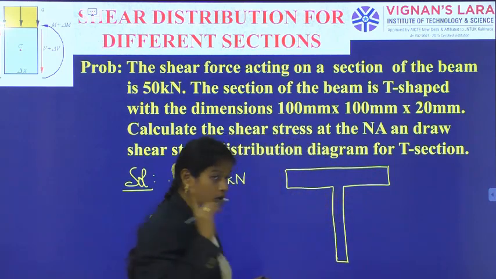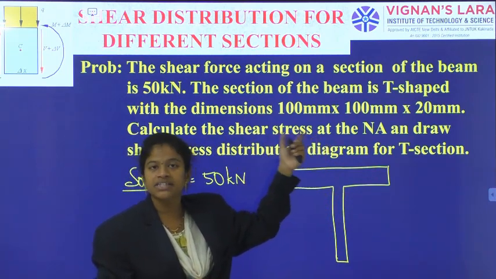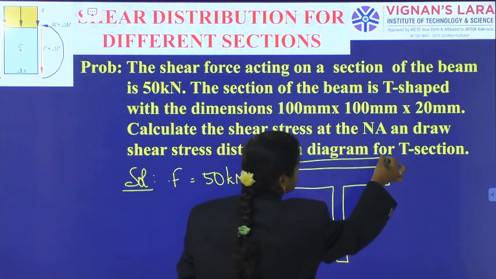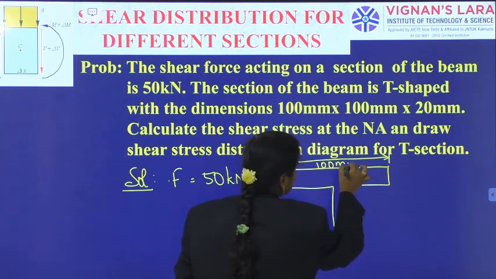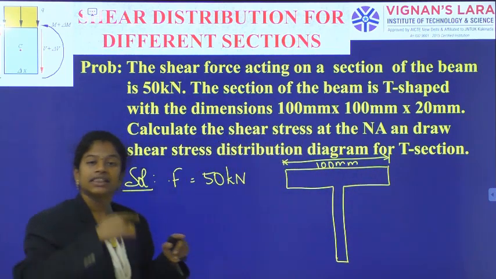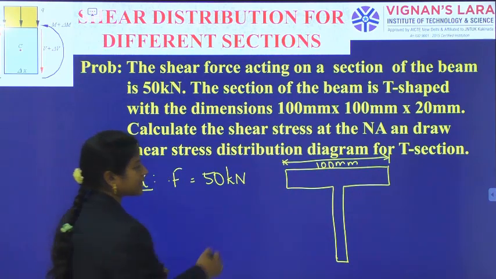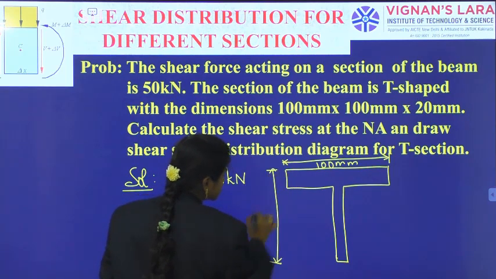As we have already said for the I section also, whatever is the first dimension, that is the width of the particular beam. So, the width of the beam is 100 mm. And the next dimension is the overall depth, whether it is I section or T section, whatever it is, the next thing is the overall depth of the beam section.